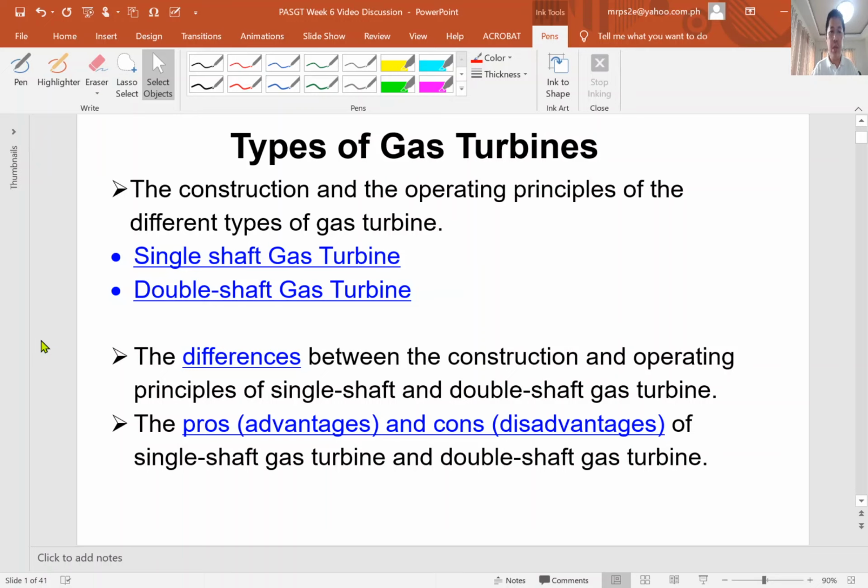We'll learn also the differences between the construction and the operating principles of single shaft and double shaft gas turbine. We will learn also the pros or advantages and cons or disadvantages of single shaft gas turbine and double shaft gas turbine. So let's get started.